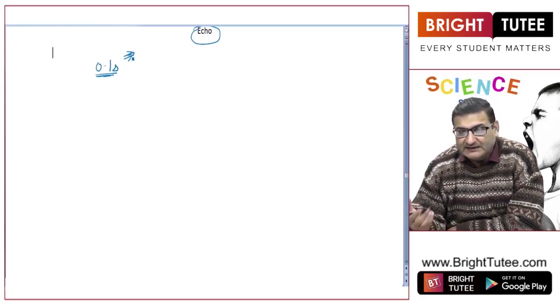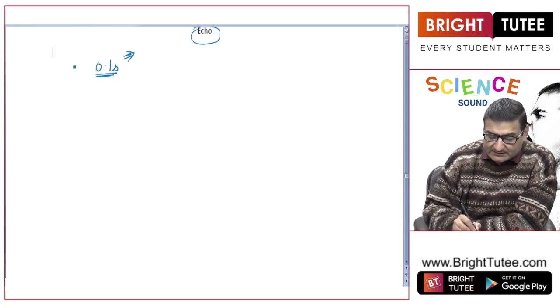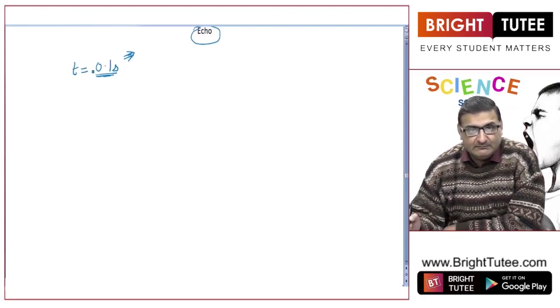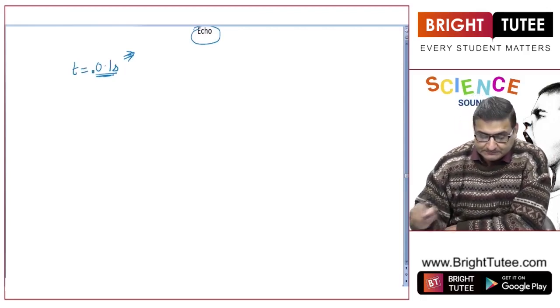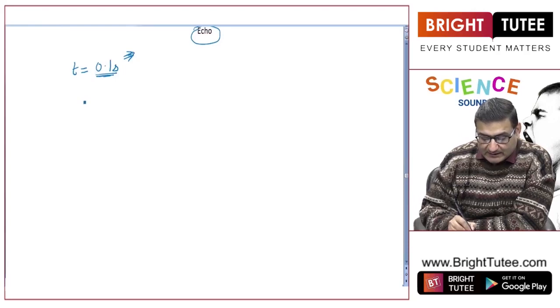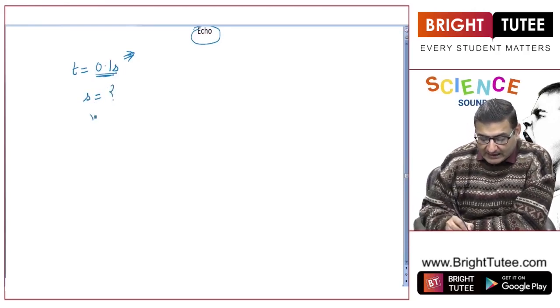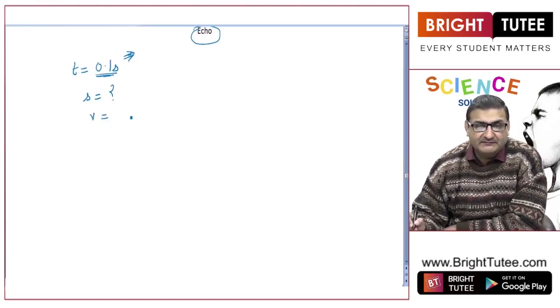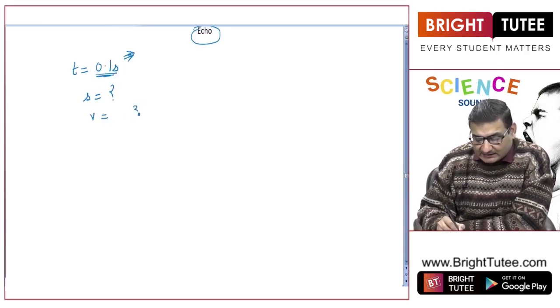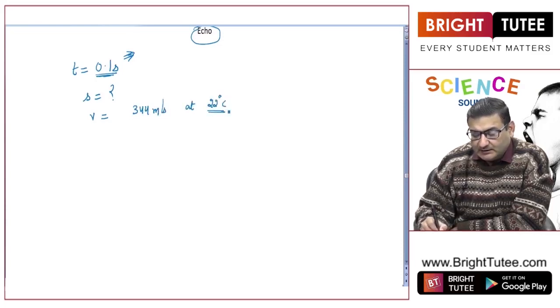For example, keeping the time to be 0.1 second, I need to calculate the distance travelled by the sound wave, and I know that the speed of the sound wave is, let us take, 344 meter per second, which is at room temperature, taken to be 22 degrees Celsius.